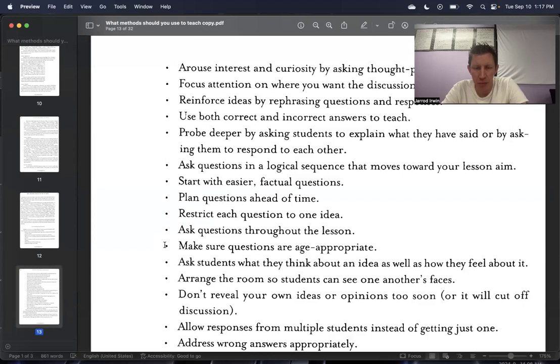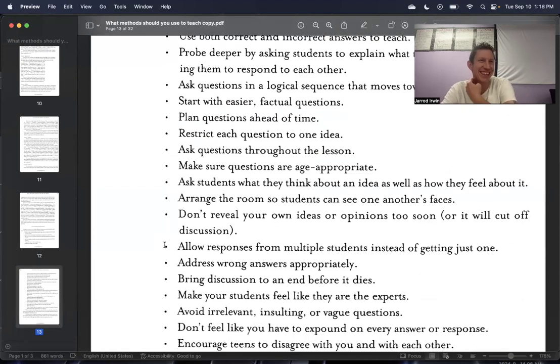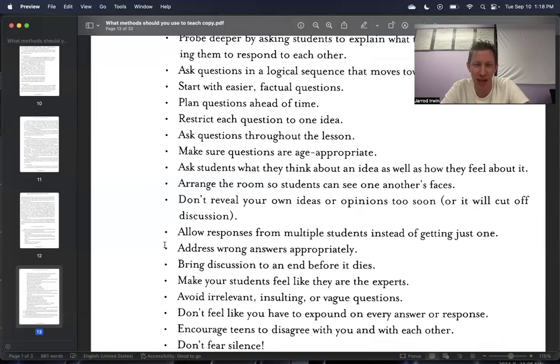And we could even strategize on those levels where we start with the knowledge and move forward. Plan questions ahead of time. I sometimes have done that. But I would say most of my best questions have probably been spontaneous that went well, and so I plan to use it the next time. But the first time I used it, it wasn't necessarily planned.